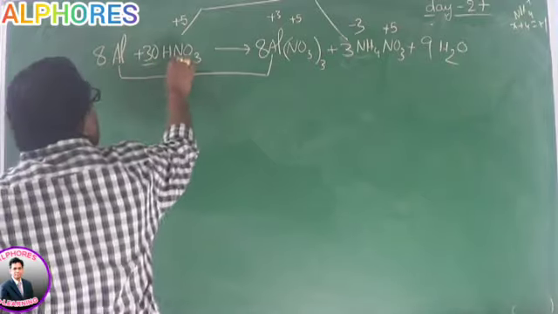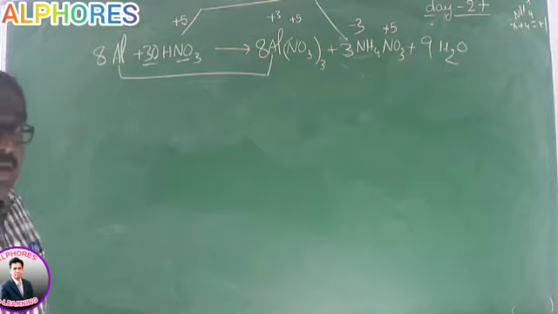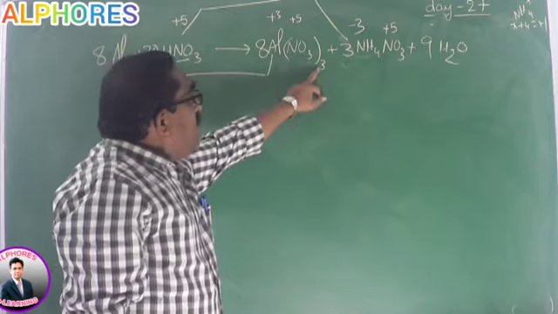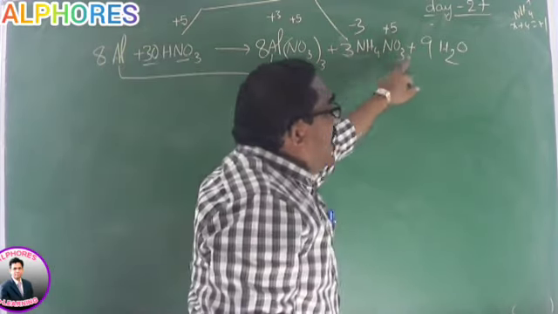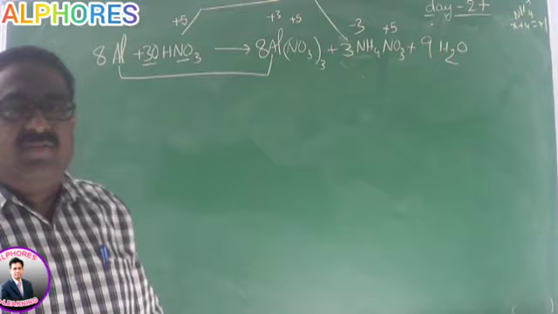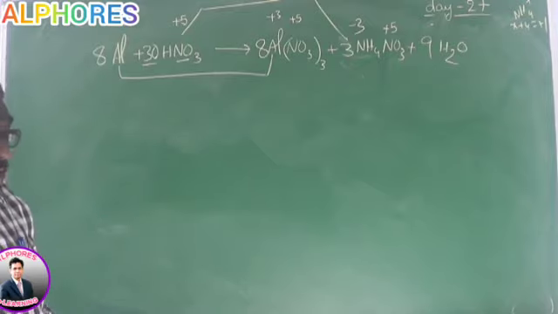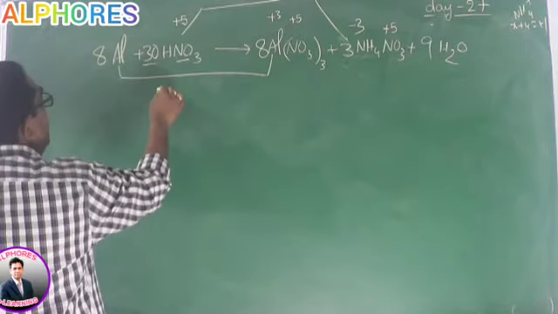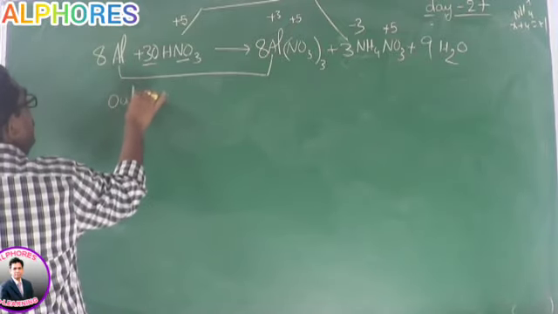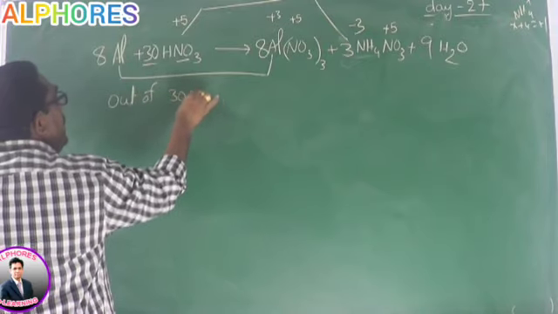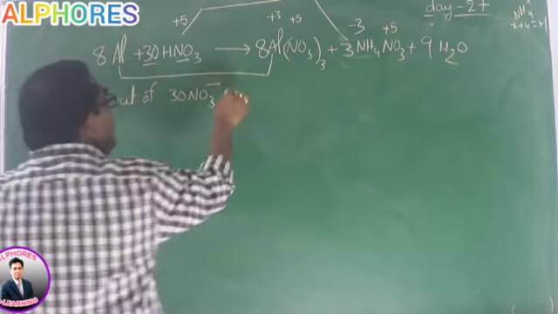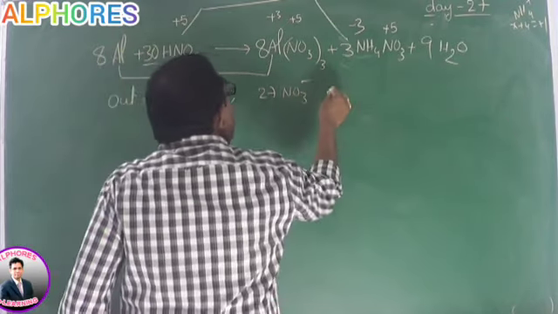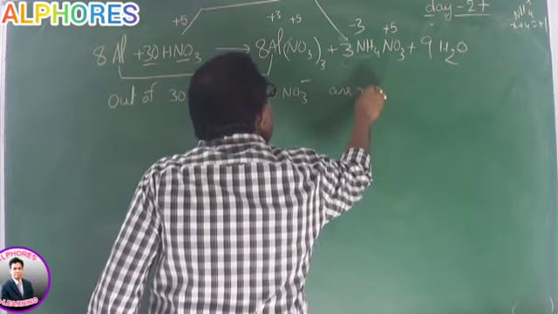But here, out of 30 nitrate ions, 8 into 3, 24 plus 3 nitrates, total 27 nitrates are going as it is from reactants to product side. See, I am writing. Out of 30 nitrates, 27 nitrates are not changing.